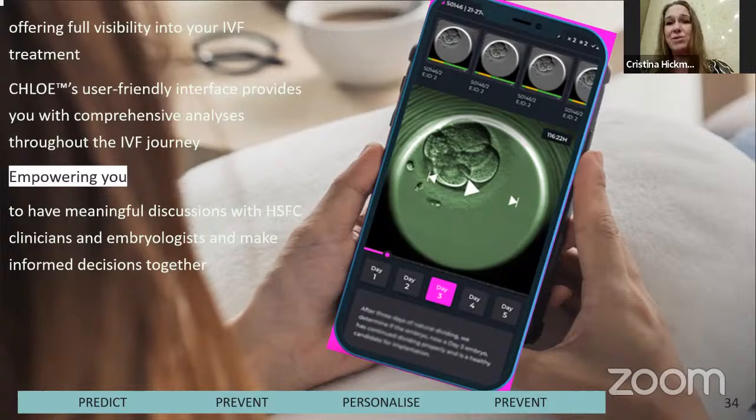And the embryologist from Harley Street Fertility Clinic will explain to you what you're seeing so that you can understand your own embryos. You can understand your own treatment, your own IVF journey. And this will hopefully empower you to have meaningful discussions, not only with your embryologist, but also with the doctors at Harley Street Fertility Clinic, so that you can make the best decisions for you together. Next slide.